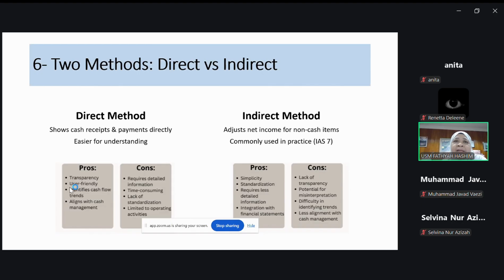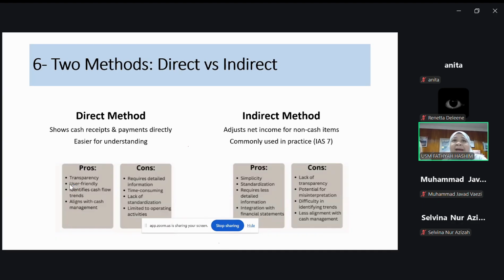We need to add back the non-cash items like depreciation. Then we have the changes in the current assets and current liabilities, which need to be added and deducted. Then we get the cash flow from operating activities.